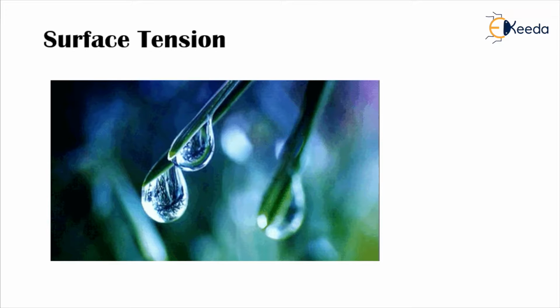These liquid droplets acquire an almost spherical shape. Why is that so? If you exclude the effect of gravity, they will be a near perfect sphere. What is the reason for that?